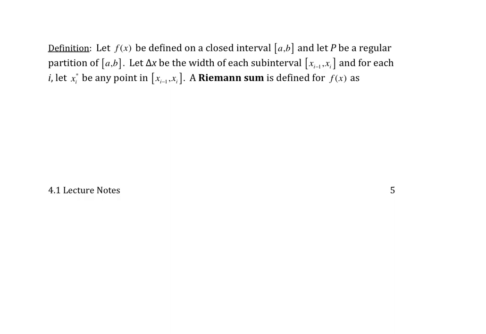So we are not specifying the left endpoint or the right endpoint. Okay, we're just going to say, I'm not going to tell you which one it is, it's something in there.